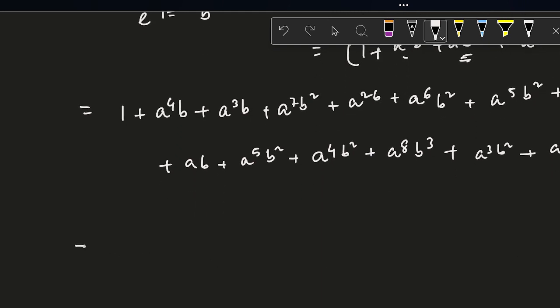Okay. So once you rearrange your terms so that they look a bit more tidy, you take common factors of b squared, b cubed, all these terms.